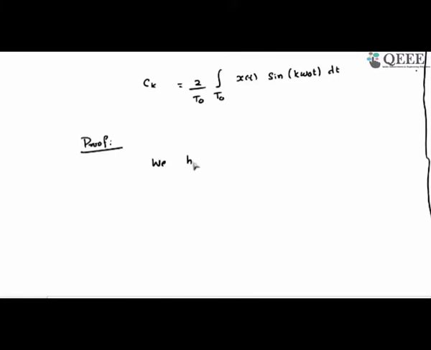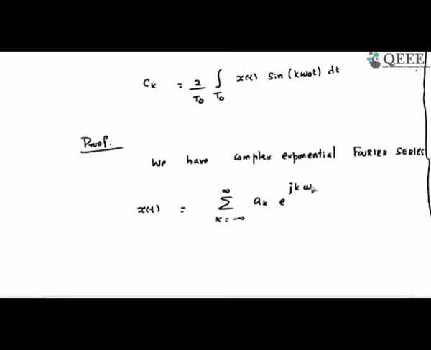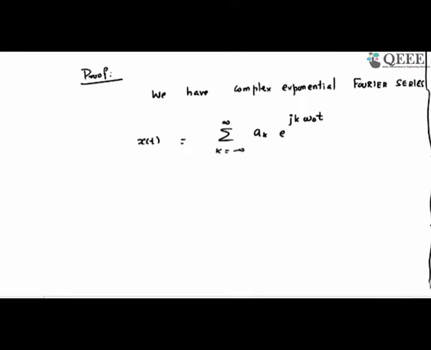We have the complex exponential Fourier series: x of t is the sum over k from minus infinity to plus infinity of a k e power j k omega naught t. That is the complex exponential Fourier series representation.